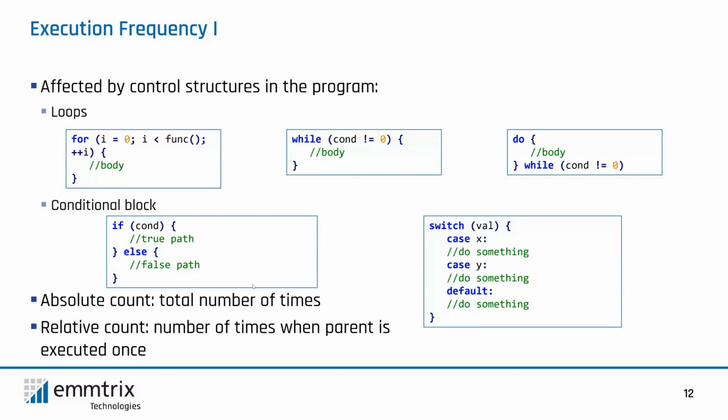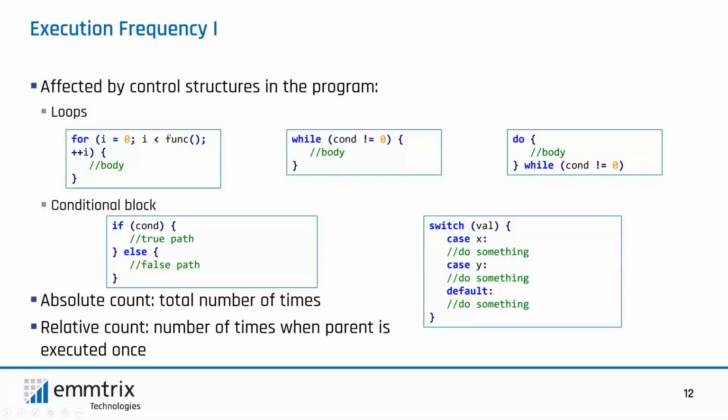Let's have a look at an example. If we have a for loop here, this for loop might be executed once. This means the whole loop structure is executed once, but the body of that loop is executed multiple times, depending on this condition, a smaller function or return value of a function.